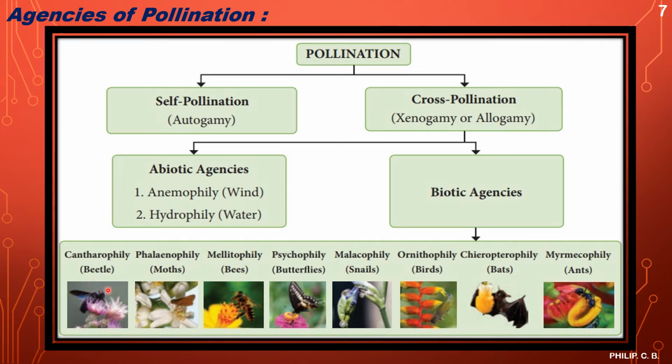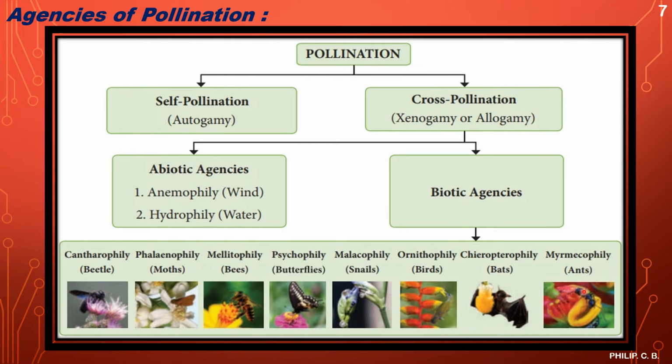So in the case of beetles, it is called cantharophily. For moths, phalaenophily; bees, melittophily; butterflies, psychophily; snails, malacophily; birds, ornithophily; bats, chiropterophily; and ants, myrmecophily.